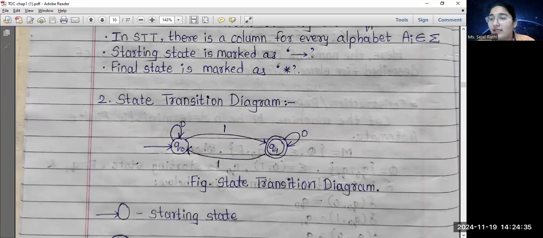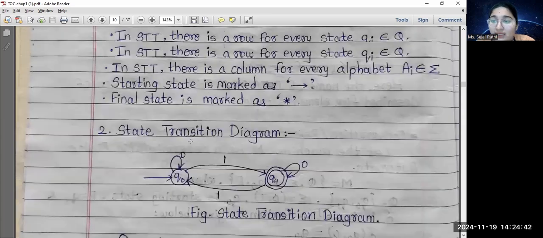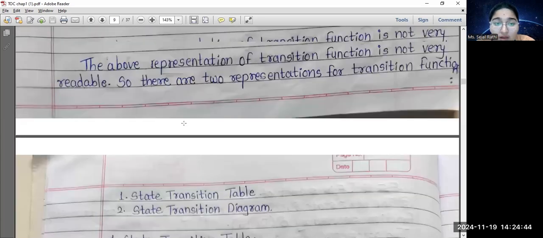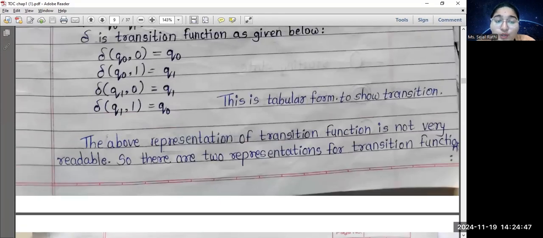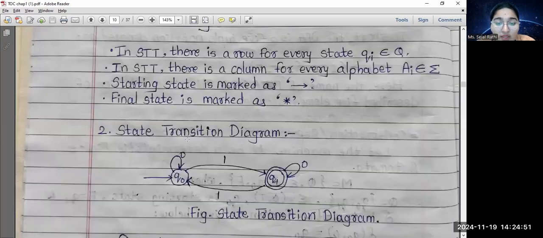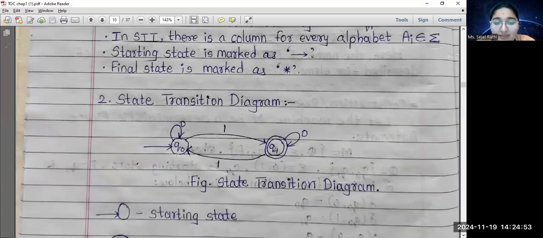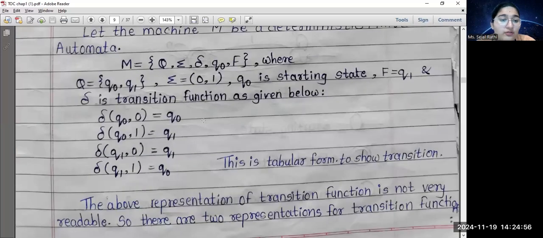With an arrow. Now Q0 with input 0 goes to Q0, correct?